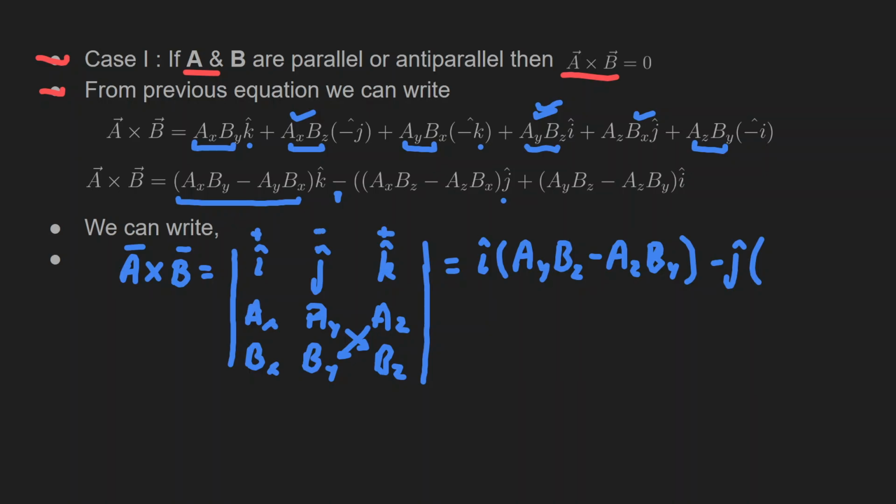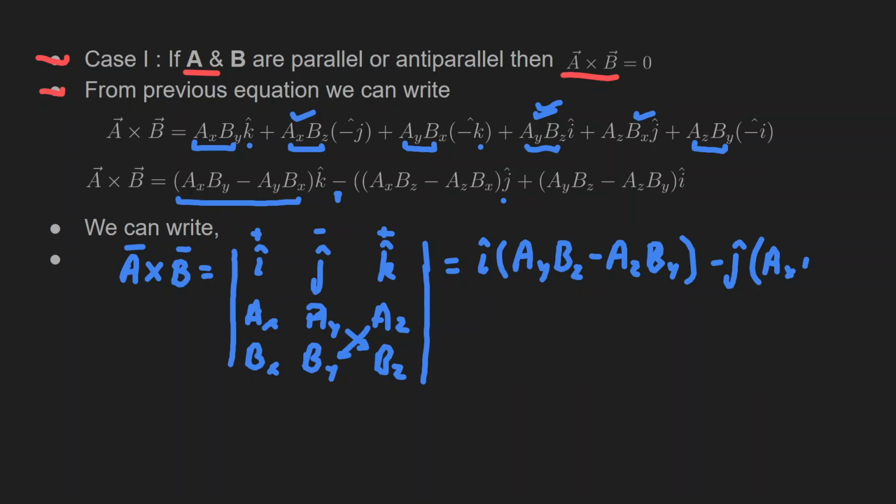So it is J. We will hide this row and this column. This multiplied with this, that is AX BZ minus AZ BX. And the third term is plus K cap.